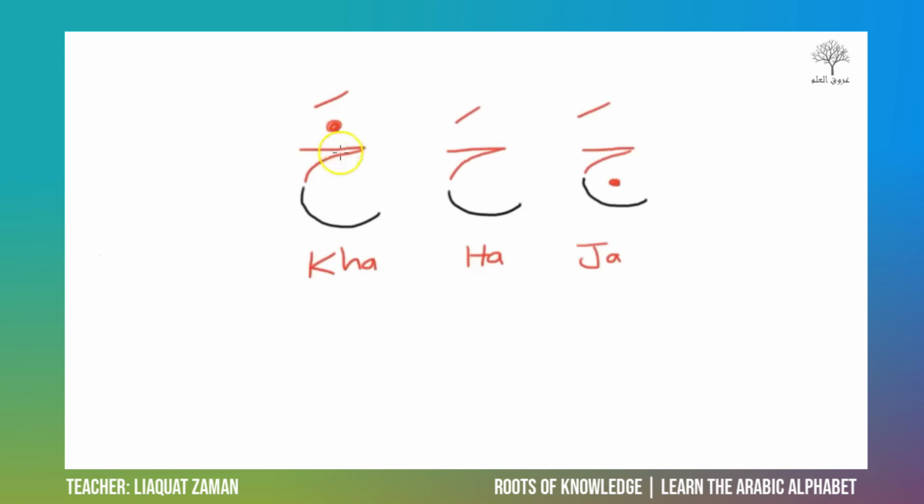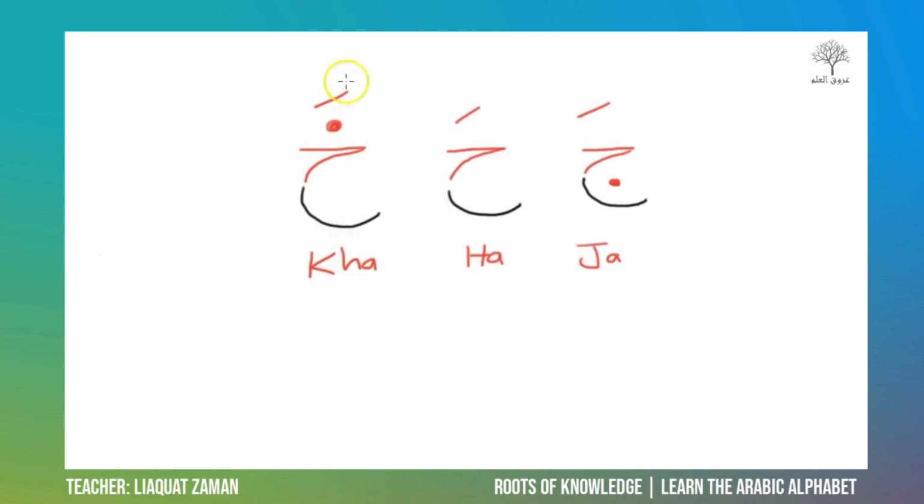The easiest way to remember this is kha, like you're clearing phlegm, and the phlegm has come out. I know it's a bit of an awful image, but it's as though the phlegm has come out of the body and is outside the body. So you have ja, ha, and kha.